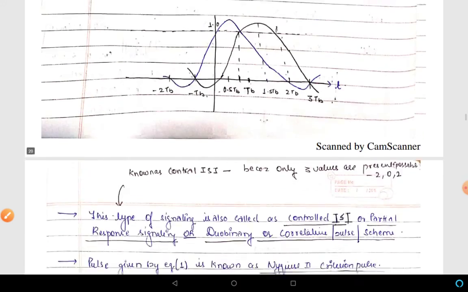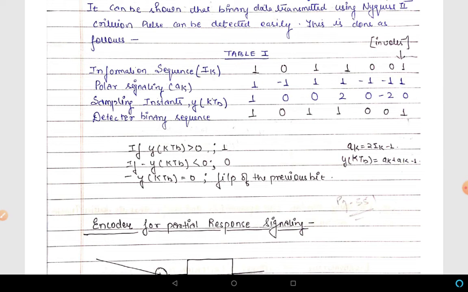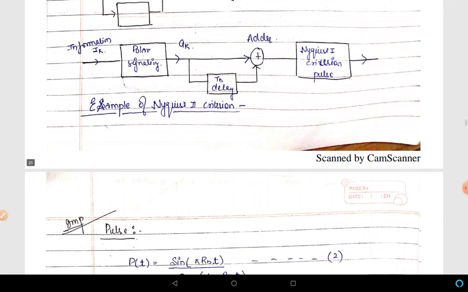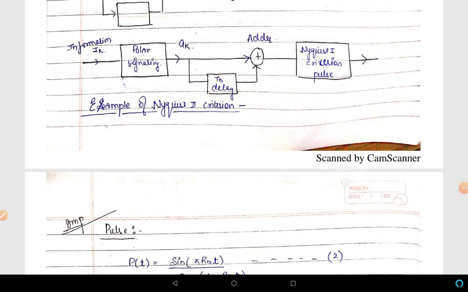Now you may ask one question as to how to generate that Nyquist second criteria pulse. This is shown in this diagram. As you can see, we have information bits, we are passing them through polar signaling.